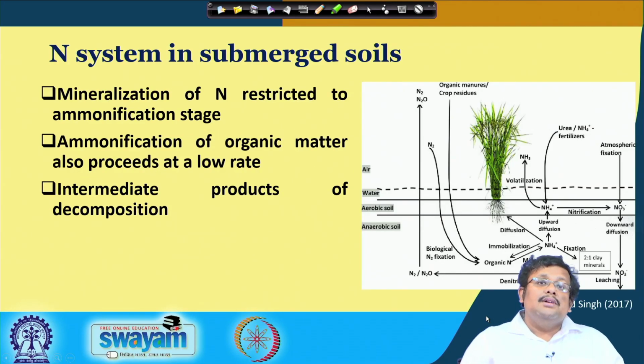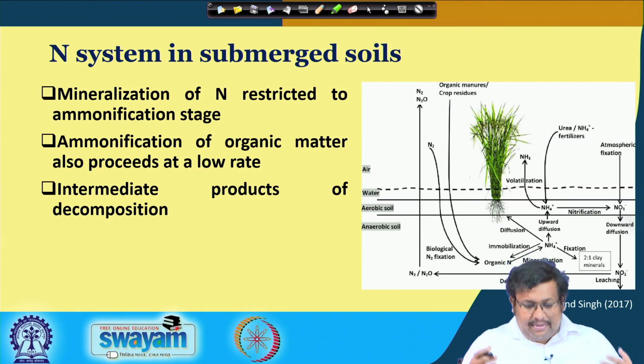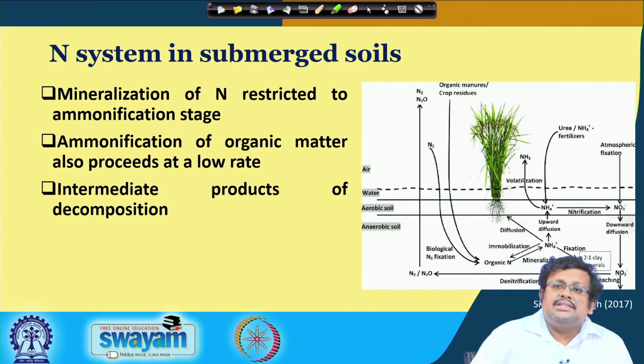So, let us see in detail what the different types of conversion are that happen in the different major elements present in the soil. Let us first start with nitrogen transformation in submerged soils.